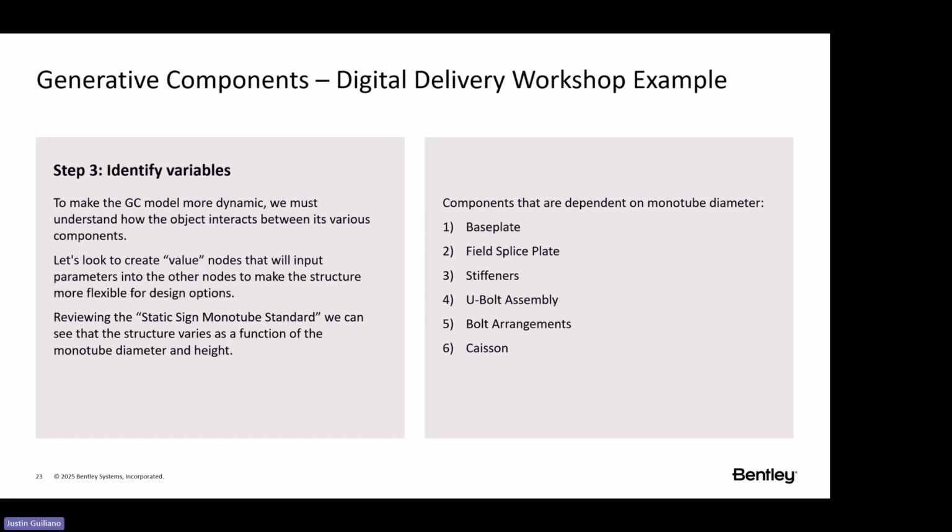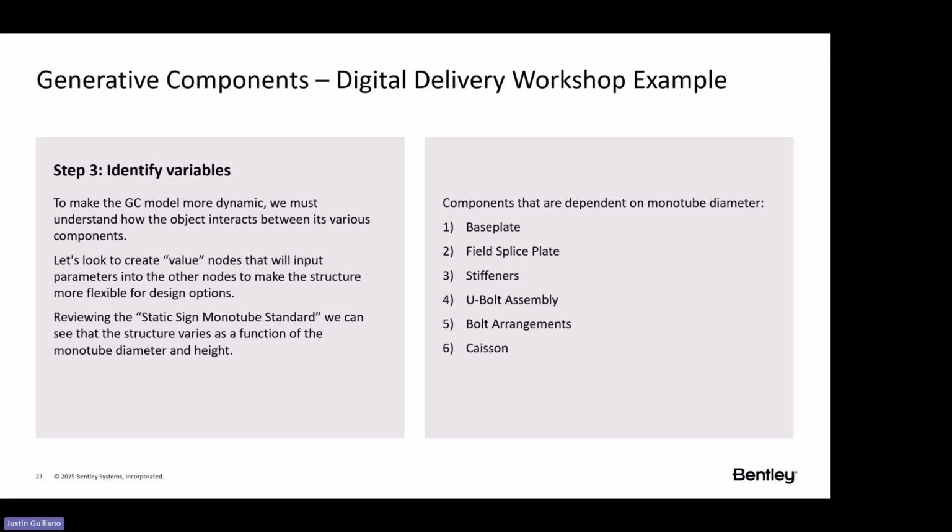They're a function of the diameter, and the diameter is set based off of the sign area. So those are going to influence your span lengths, your heights, the diameter of the monotube. It also influences your bolt spacings. So there's a lot of pieces that are dependent on your monotube diameter.